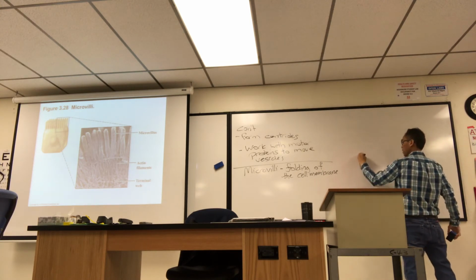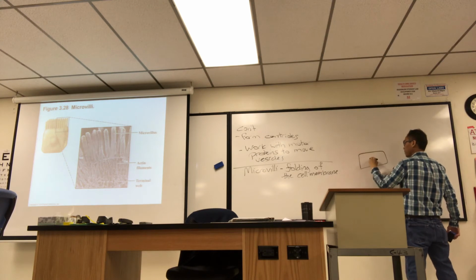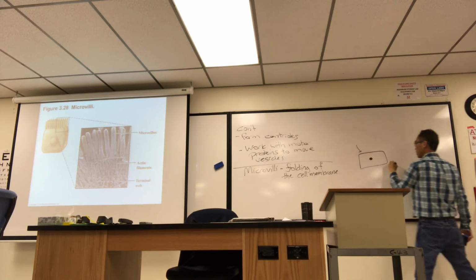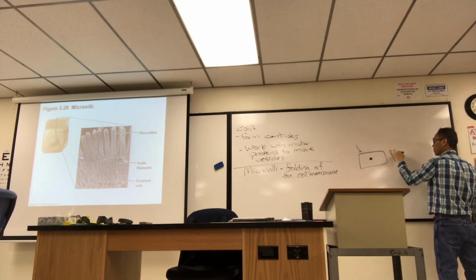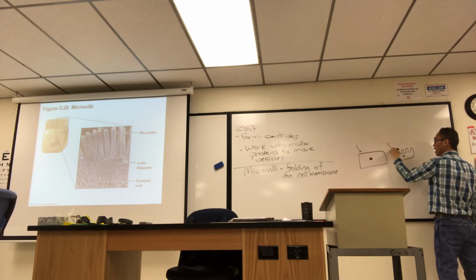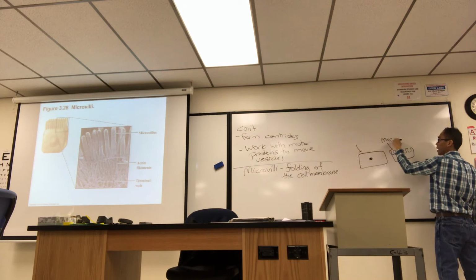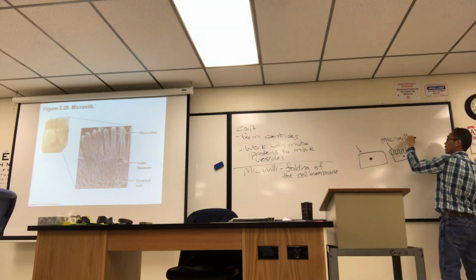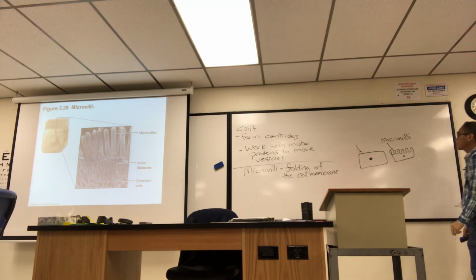So if this is a cell with no folding at the top, a cell with folding at the top would be like that. That's microvilli. And what you're doing is you're increasing the surface area for function.